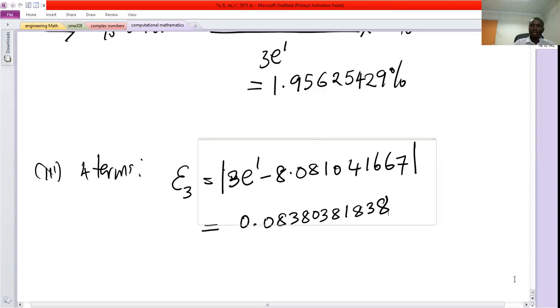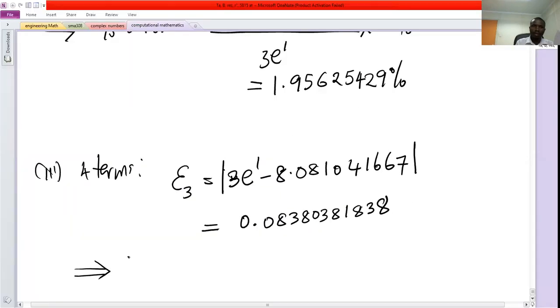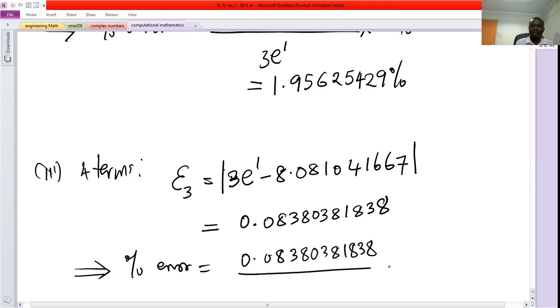So the percentage error in this case will be 0.08380381838 divided by the exact, which is 3 e raised to power 1, times 100%.